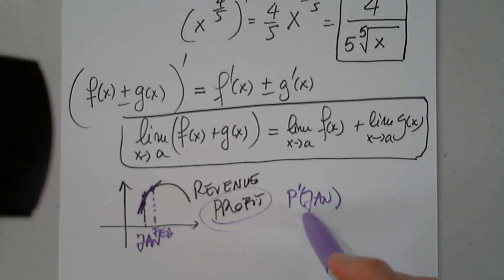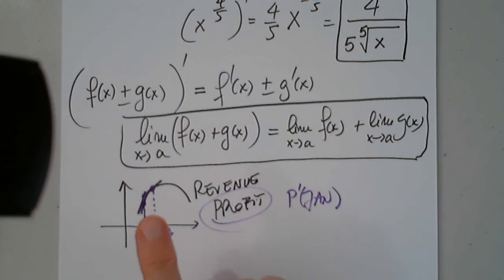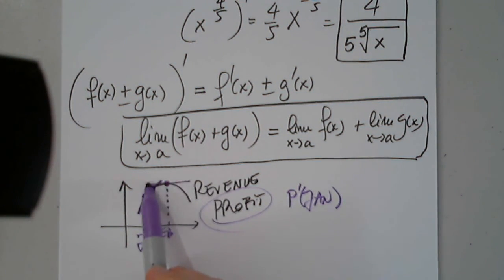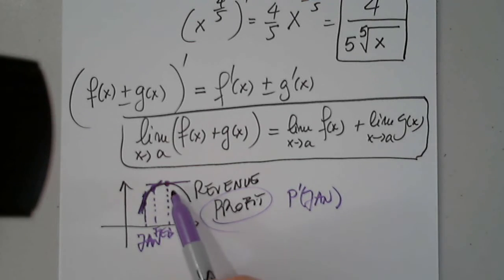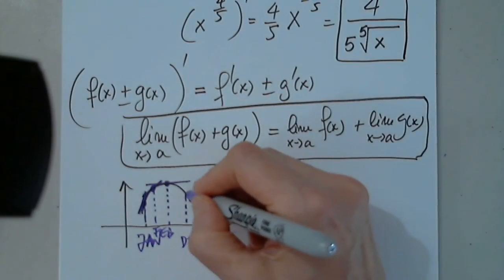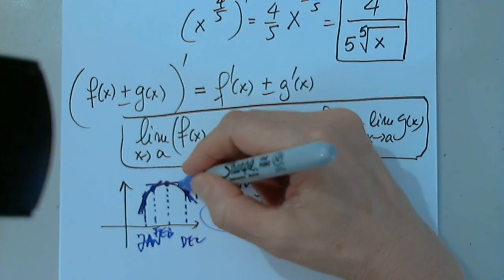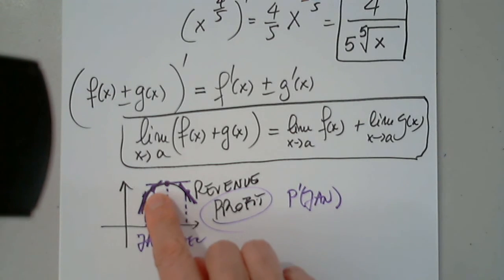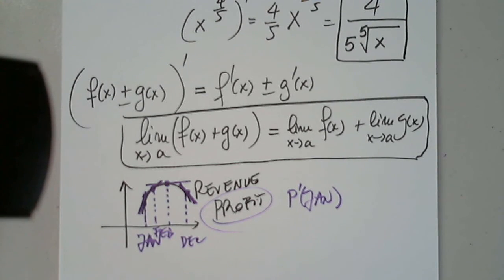So we say to the boss, careful, your profit is still increasing, but at a much slower pace. Then in August, your profit is not changing. But in December, oops, your profit rate of change is negative, so you should have done something here. Okay, so that's the idea with the derivative function.